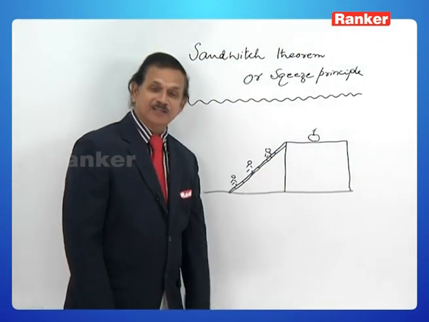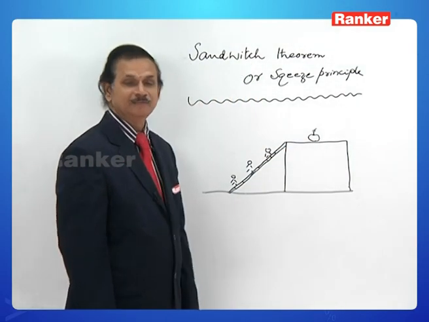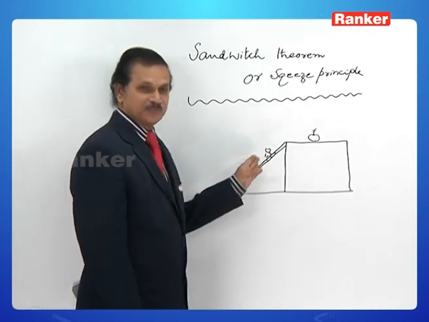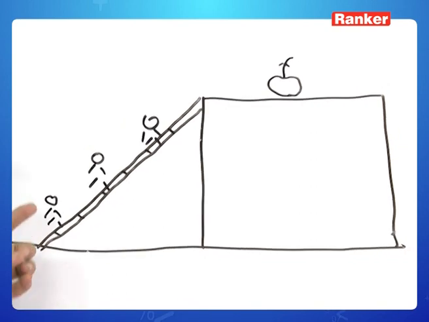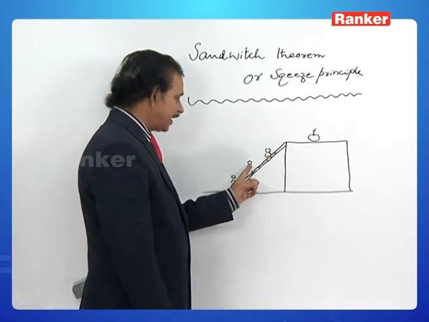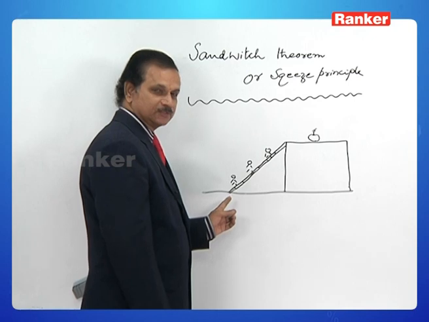There is a fruit here on the terrace of this building. These 3 persons like to have it. First person, second person, third person.